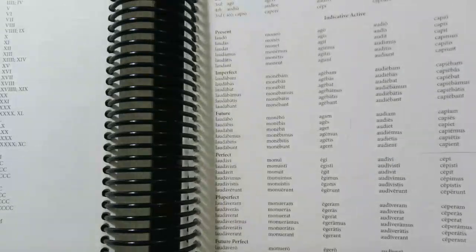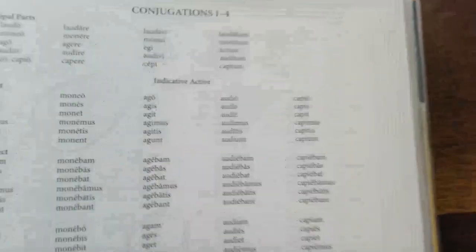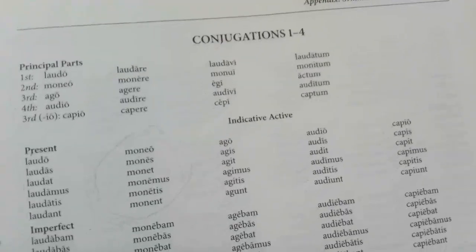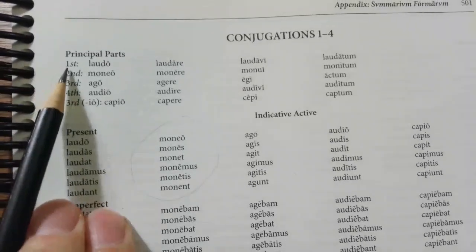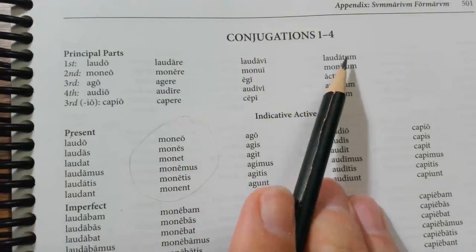So if you go to page 501 back in your appendix, it's going to give you all the verbs that are possible in Latin. Okay, so this is where the whole book is summarized. So we'll zoom in here. So this is page 501 in Wheelock's 7th edition. And there you have it. So you have first conjugation, laudo, laudare, laudavi, laudatum, or laudatus as I write it.